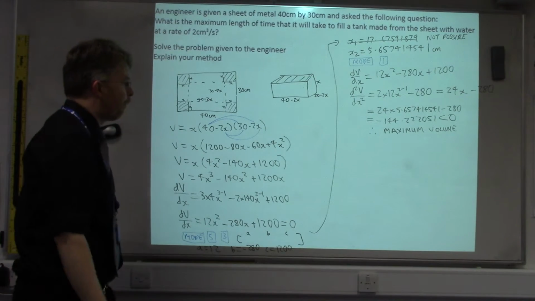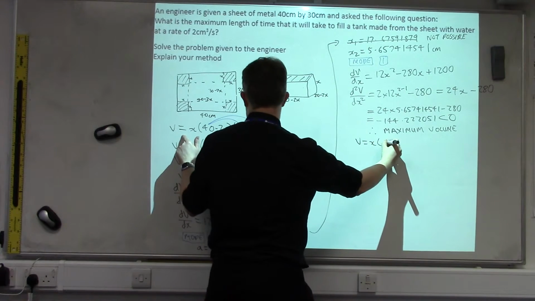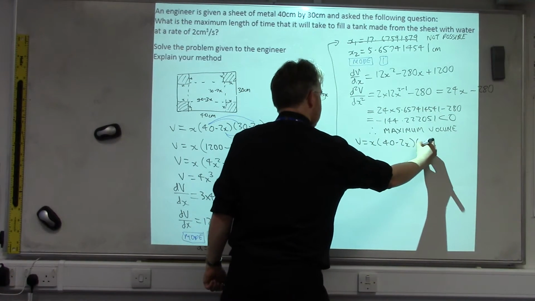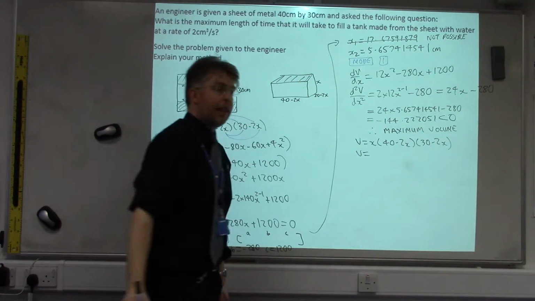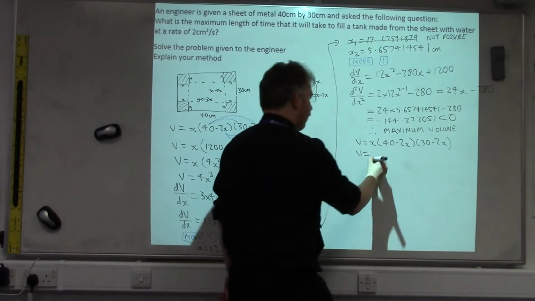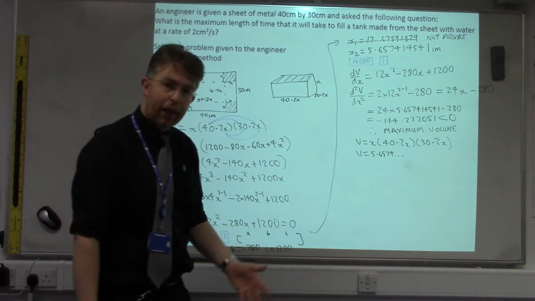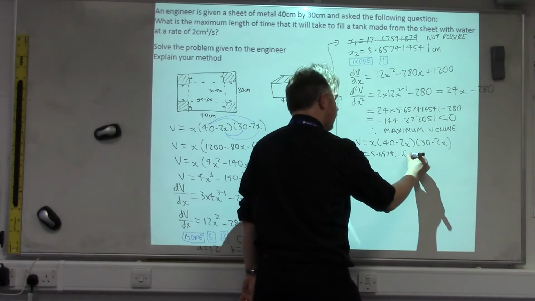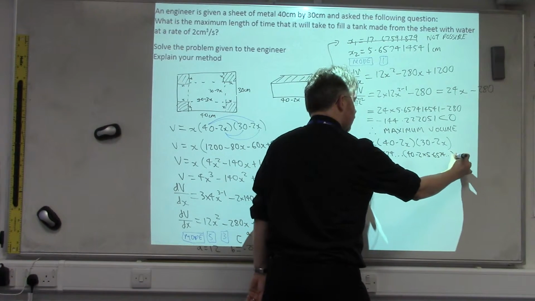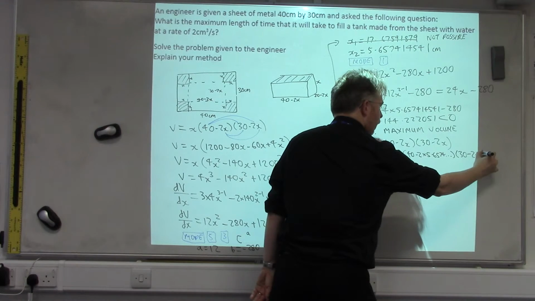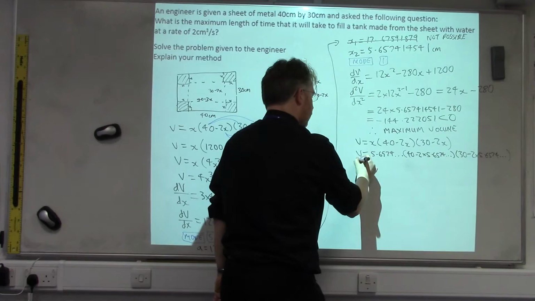We haven't actually found the volume yet, so we go back to our V formula. And we stick our x value in, so 5.6574 dot dot dot. I'm going to write dot dot dot, but when we're calculating it we don't want to be rounding at this stage. 40 minus 2 times 5.6574 dot dot dot, 30 minus 2 times 5.6574 dot dot dot.